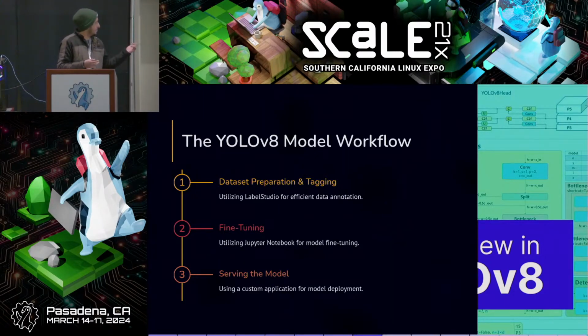So that's the first step. For the second step, we're going to be using Jupyter Notebooks to fine-tune the YOLO V8 model, basically just running the training API that Ultralytics provides, taking it from our data set. That way we can specialize our model to find tacos, right?